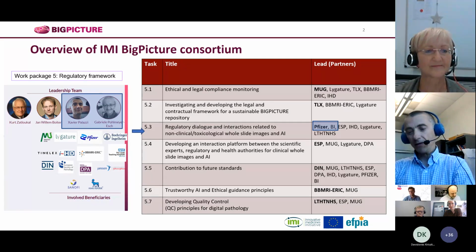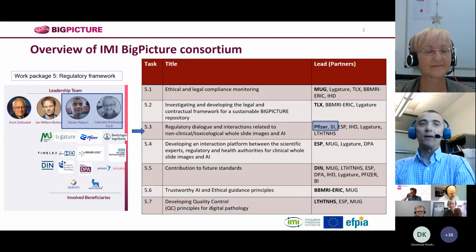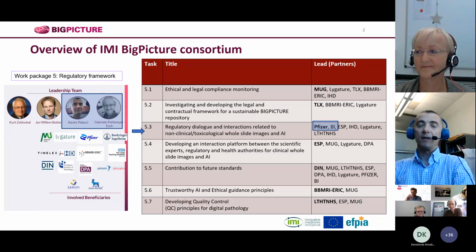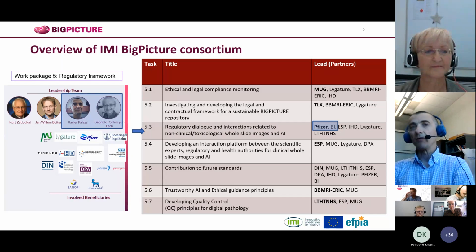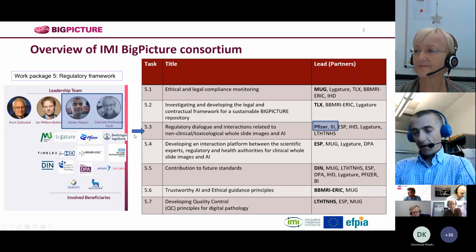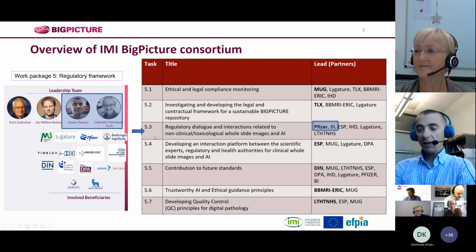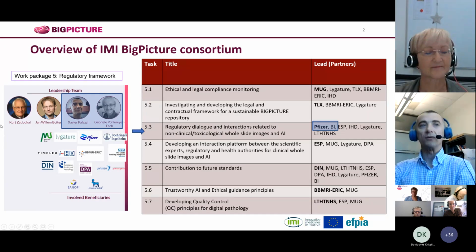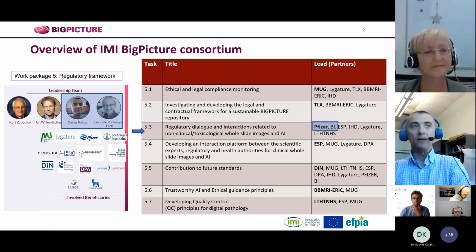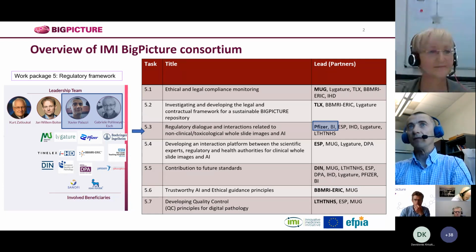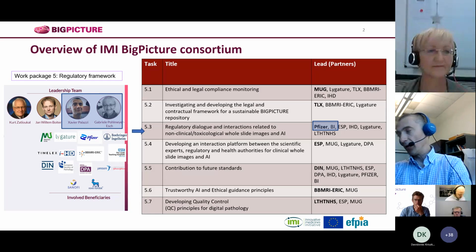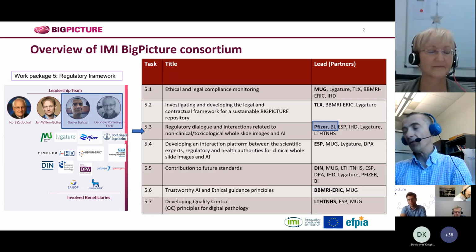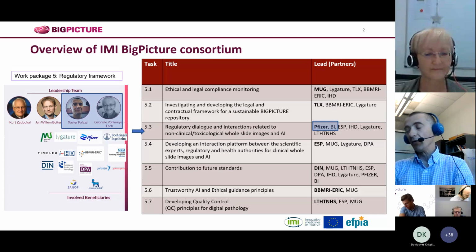In this context, there are a certain number of deliverables, and one of them was specific to understanding the regulatory background in the non-clinical area, which we have released already, but there were also some recent changes with a draft guidance from the FDA, so we've updated a little bit the information that we're going to share today. And ultimately, what we want is to build the relationship with the authorities to help get acceptance, not only for the GLP use of whole slide images, but also to introduce AI models in the future.